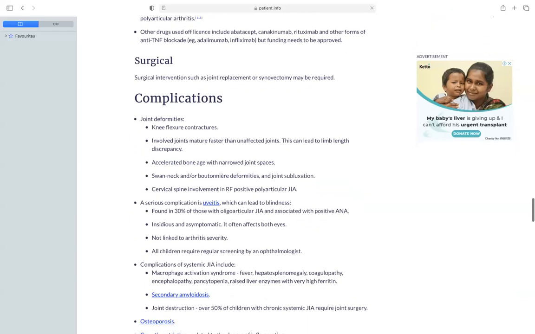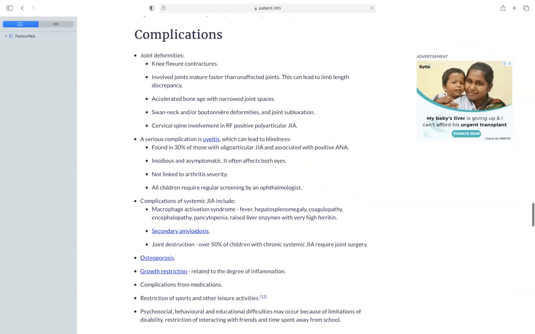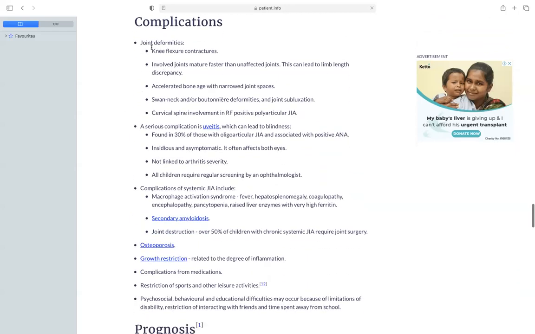Complications are very important in these cases. So joint deformities, knee flexion contractures. Just know the joint deformities and also uveitis. So our case is uveitis.